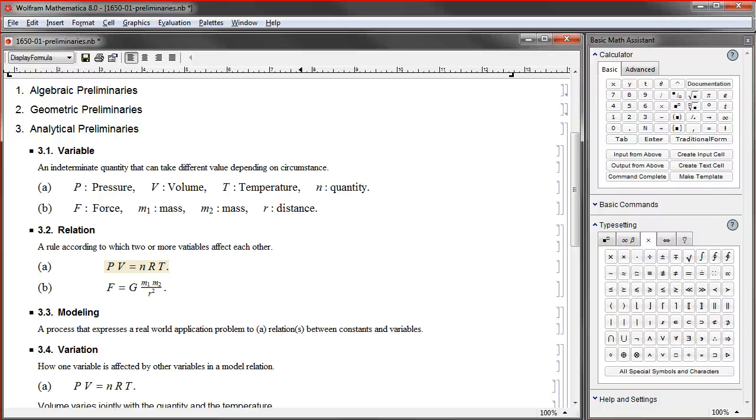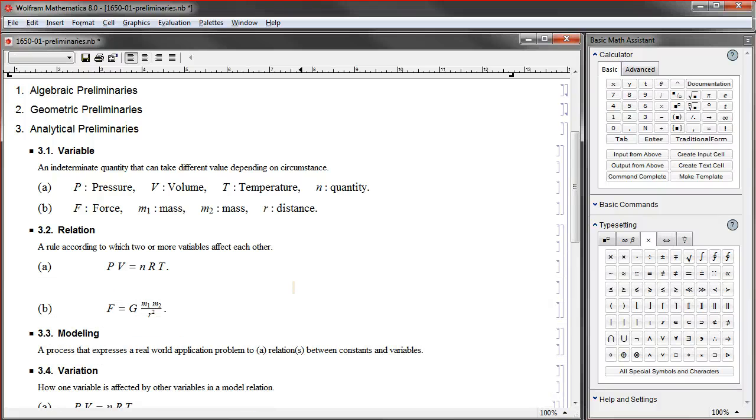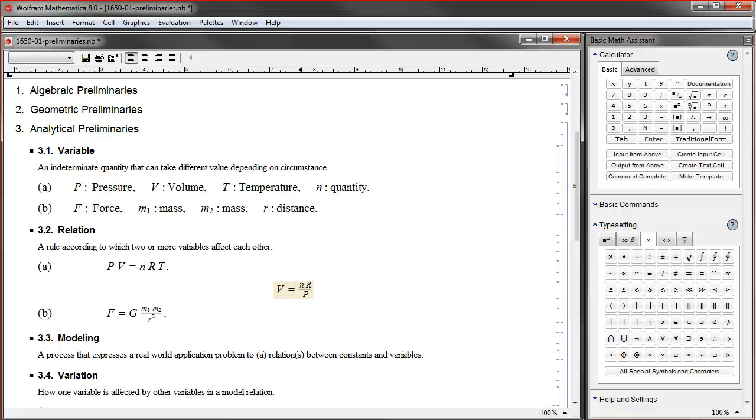Here we have direct variation between volume and temperature, and because we can divide P away, V equals nR divided by P times T. So nR divided by P can be considered a constant, and V and T are proportional. So T is doubled and V is doubled. Temperature is doubled, and then the volume of a gas is doubled when everything else stays the same.